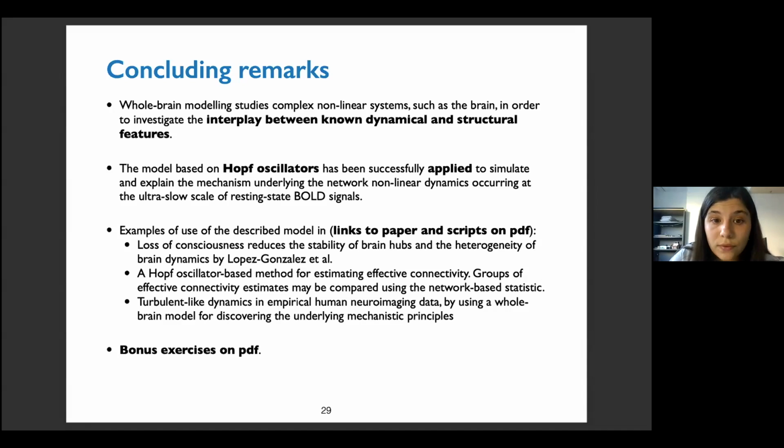In this case, you have also the link to the paper and to the scripts in the PDF. And also in the PDF, we suggest some extra exercises where you can play with the heterogeneity of the local nodes.